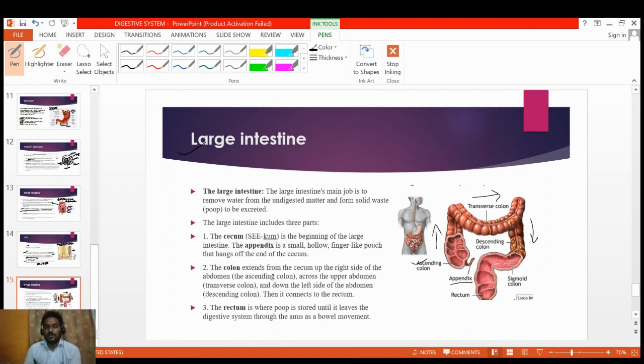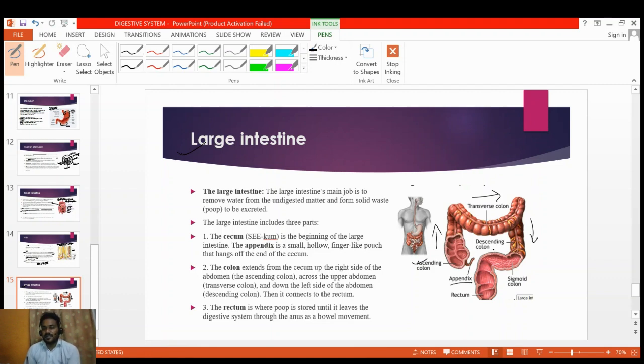The colon extends from the cecum up the right side of the abdomen, the ascending colon. Across the upper abdomen we observe the transverse colon, and on the left side, in the downward portion, the descending colon.